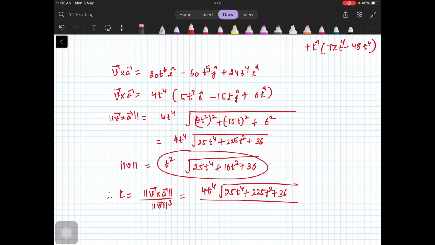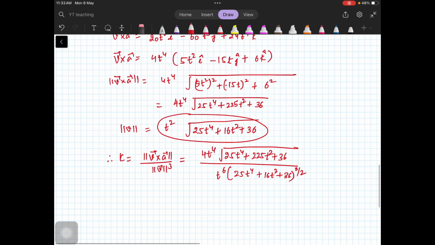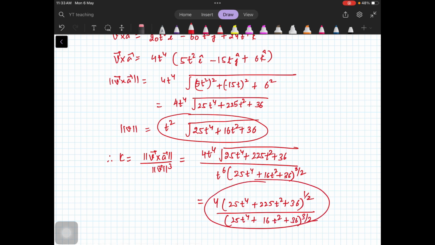So that would be t raised to power 6 times (25t raised to power 4 plus 16t square plus 36) raised to power 3 by 2. So this would be 4 times (25t raised to power 4 plus 225t square plus 36) raised to power half, divided by (25t raised to power 4 plus 16t square plus 36) raised to power 3 by 2. So this is our answer.